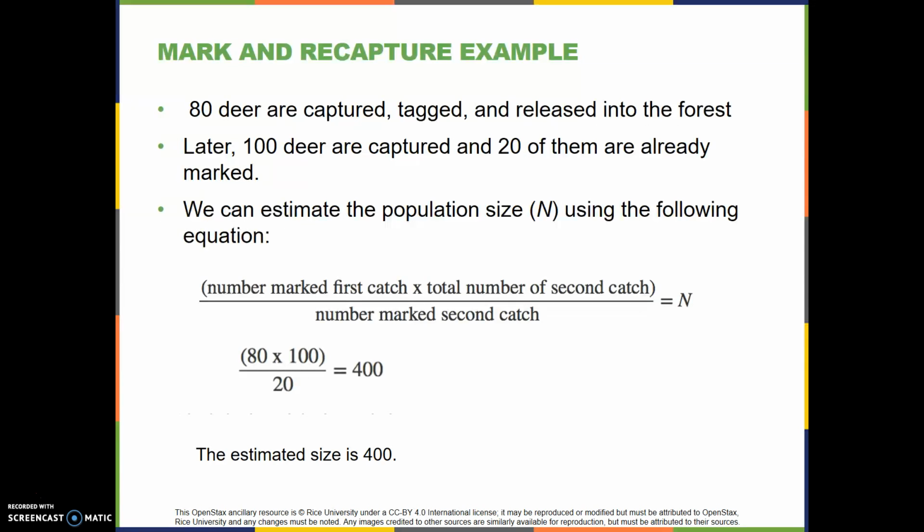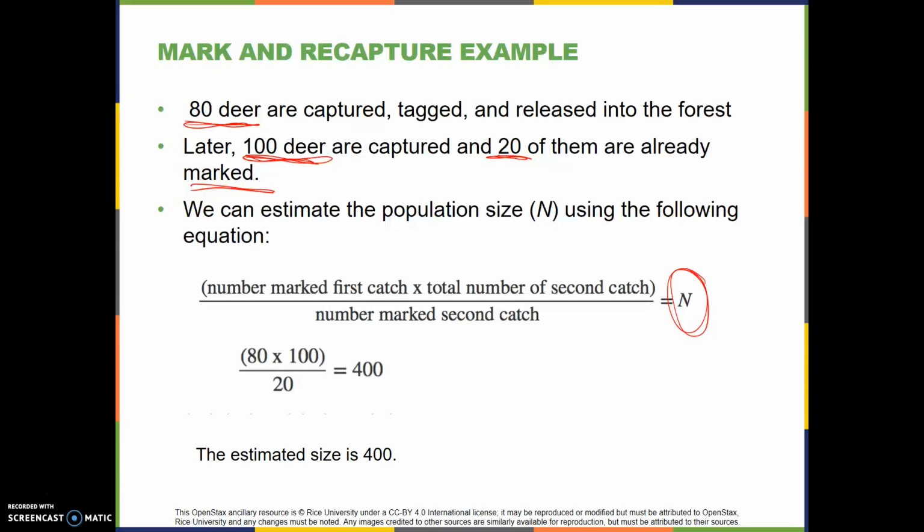So here is how mark and recapture is used mathematically. This is the calculation to calculate N, which is the population size, or estimate it. So if in the beginning we capture 80 deer and mark them, tag them, and release them, and then later we capture 100 deer and only 20 of them are marked, then this is how we estimate population size.